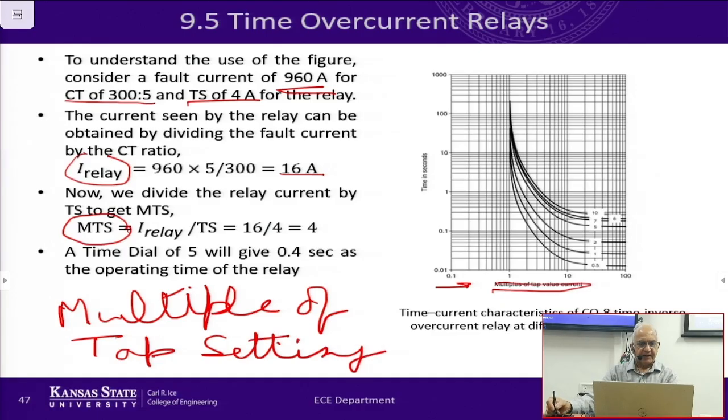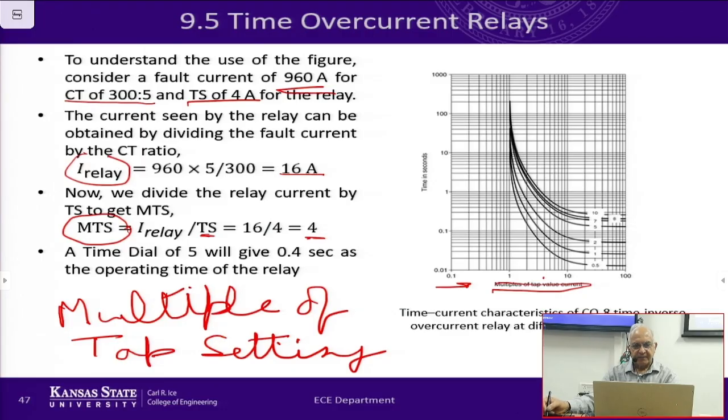That is computed by dividing the current which is flowing in the relay, which is 16, by the tap setting, which is 4. So you get 4. So MTS is 4, and so we will look at 1, 2, 3, 4 right here.